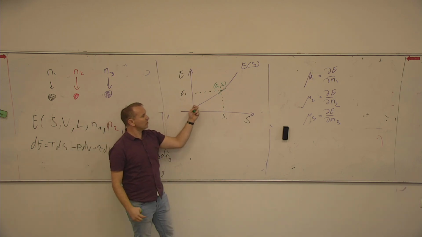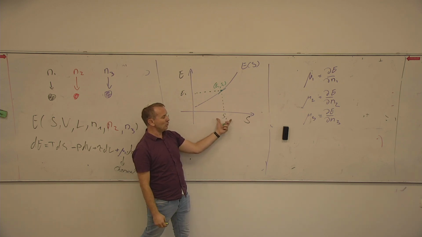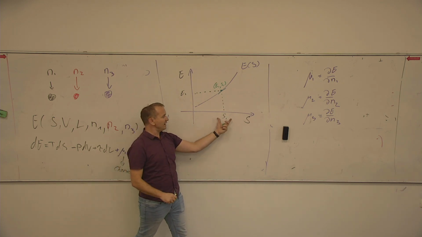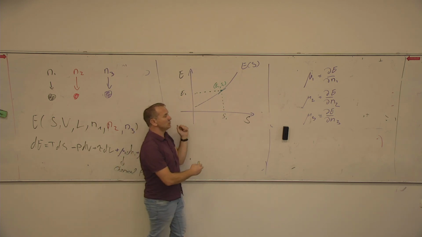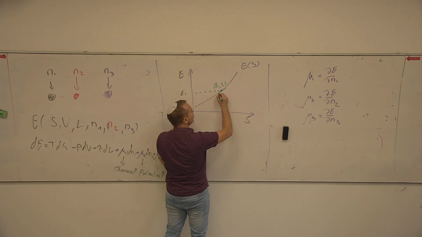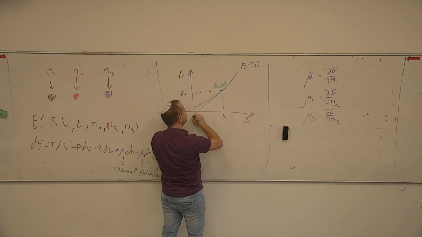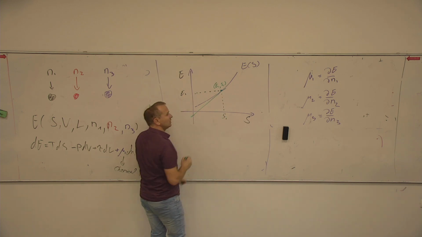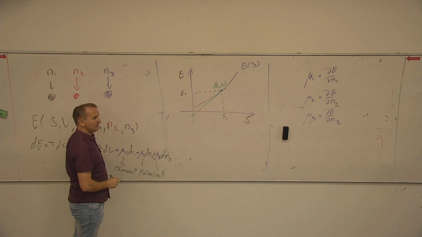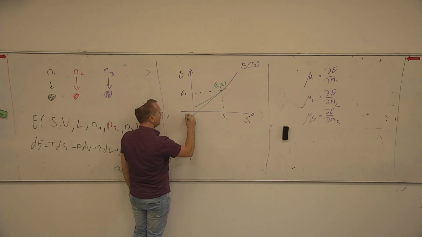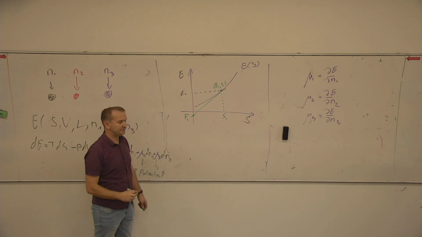Because in order to describe this curve, I need a pair of coordinates, I need S1 and E1. So I take the slope, or this tangential line, at this point, and I continue till it crosses the y-axis. And over here, I will describe this point as F1.